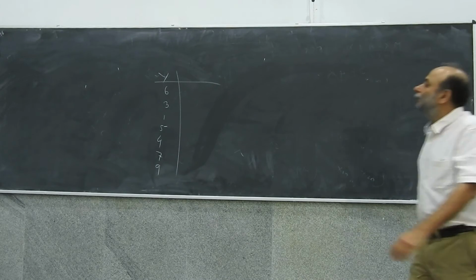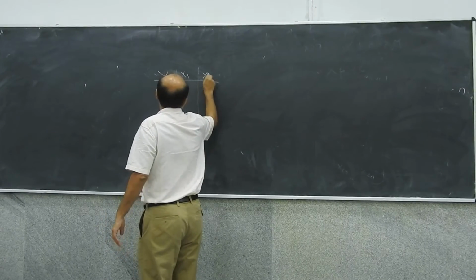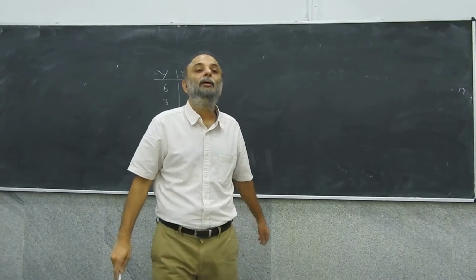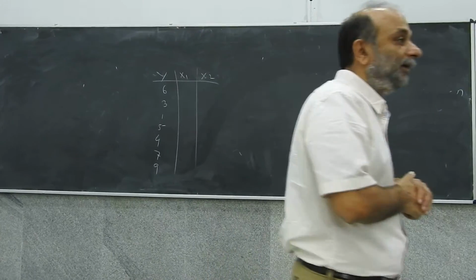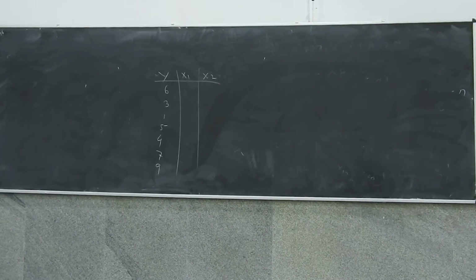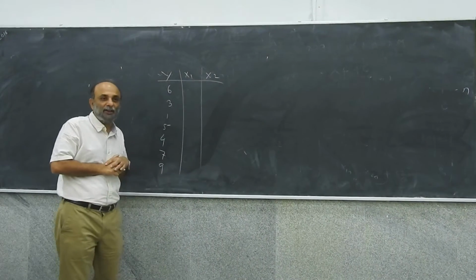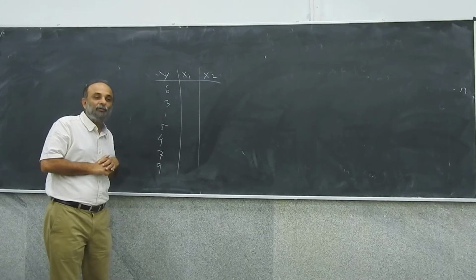Suppose they depend upon the number of lectures that you have attended. So x1 is the number of lectures that you have attended, out of 48 lectures.